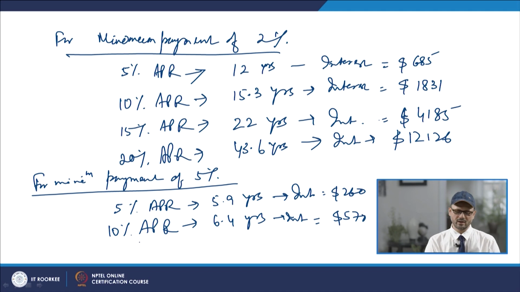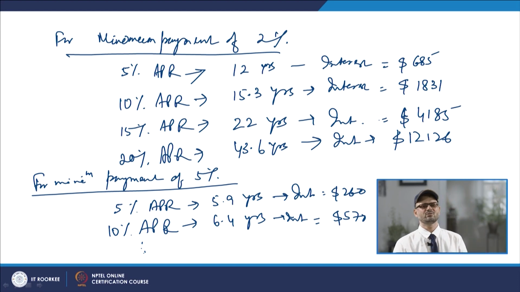So, that way you can see how this interest rate, APR, annual percentage rate of interest, and also the time for which this outstanding balance is maintained, will affect the amount of interest which is charged to you, and you can then judge whether you should go with that offer or not.